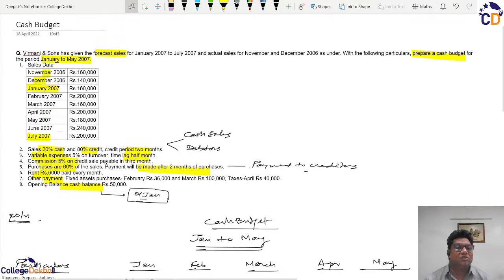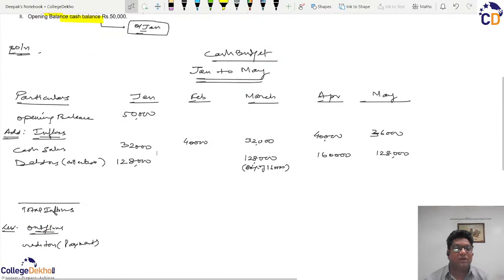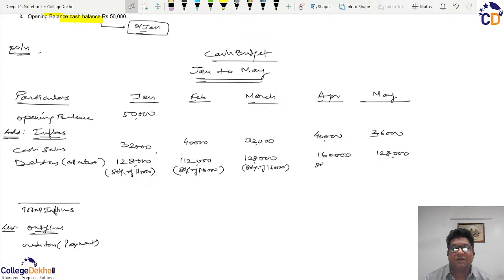And for the December sale, the figure is 140, and 80% of 140 is 1,12,000. So this is 80% of 180, and this is 80% of 160, that is the November sales. This was 80% of 2 lakhs. This was 80% of 160.